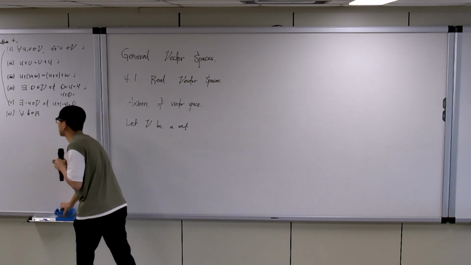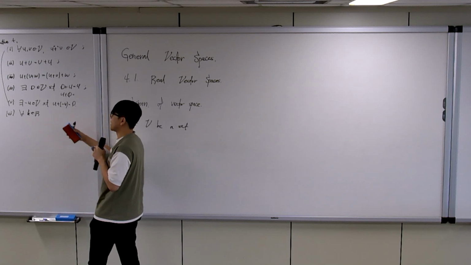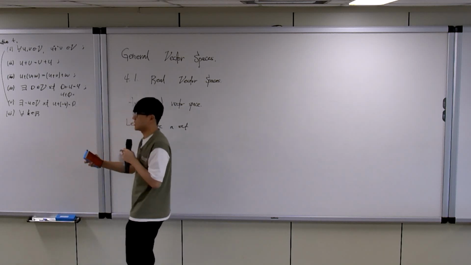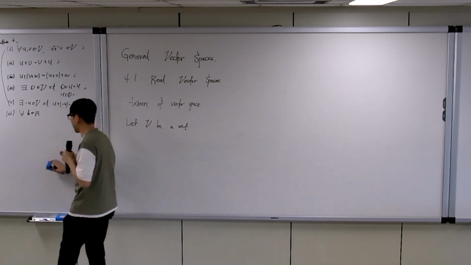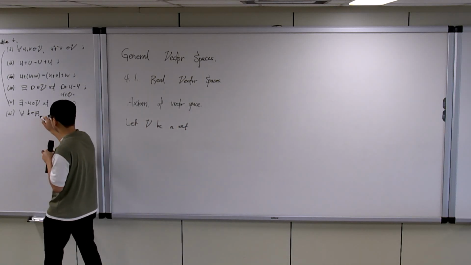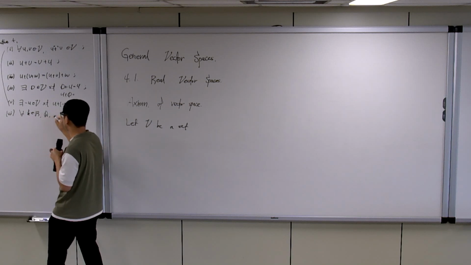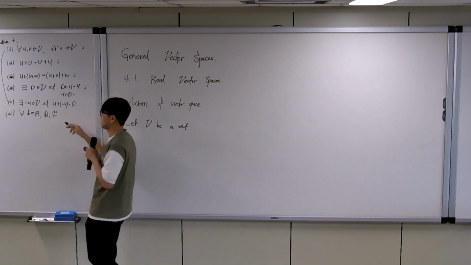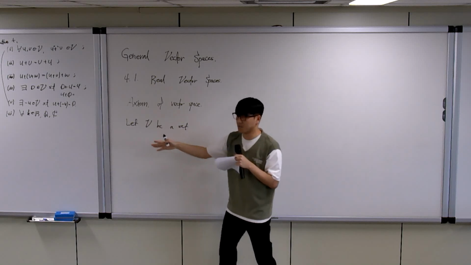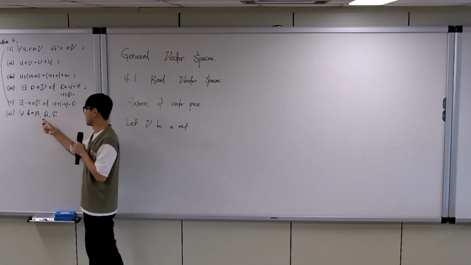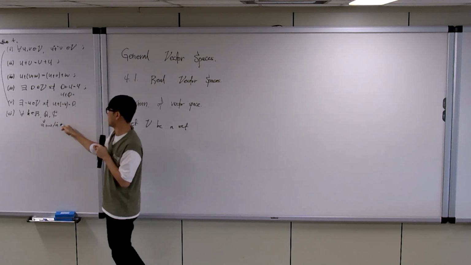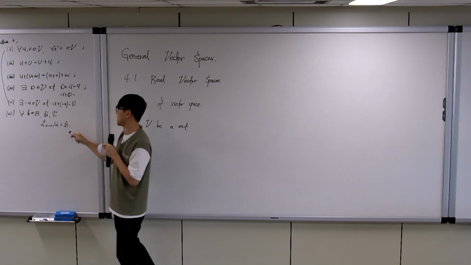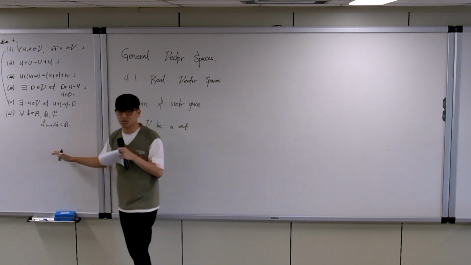You might know some good number sets, like the rational numbers or complex numbers. They are very good number sets because if you take an element a in them, then 1 over a is also in that set if a is not 0.